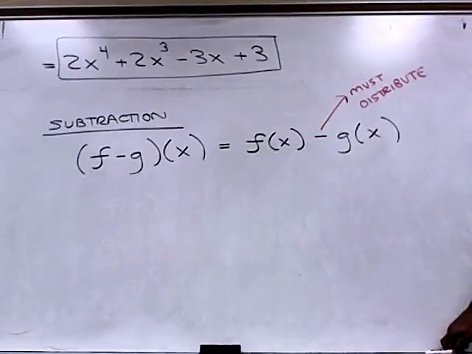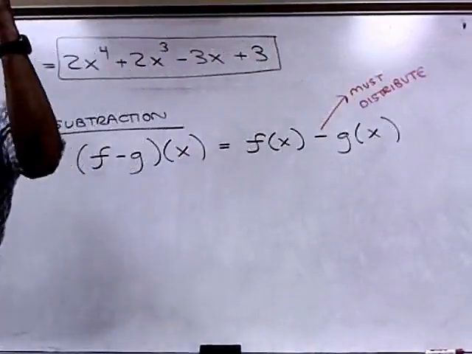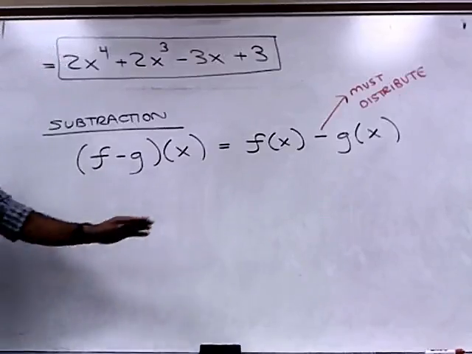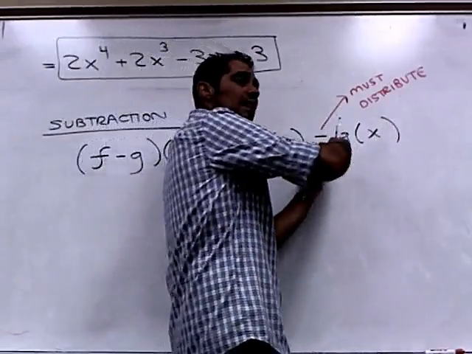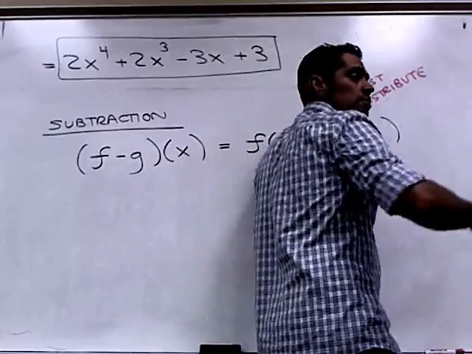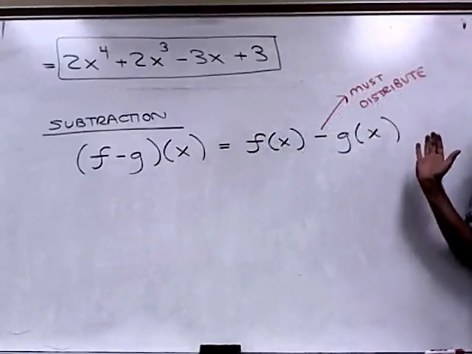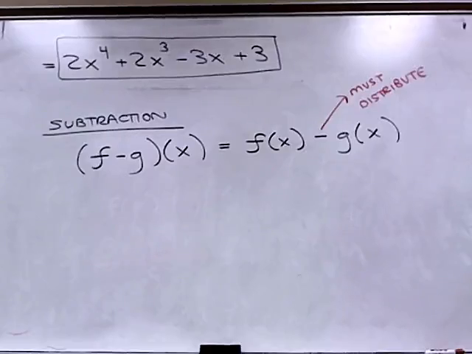If you have a negative sign in front of a parenthesis, you have to distribute that through, don't you? Whatever g is, if I want to subtract g, that means I want to subtract every single term of g. So you'll always want to make sure you put g in parentheses if it has more than one term. And then you'll change the signs as you go through the negative.